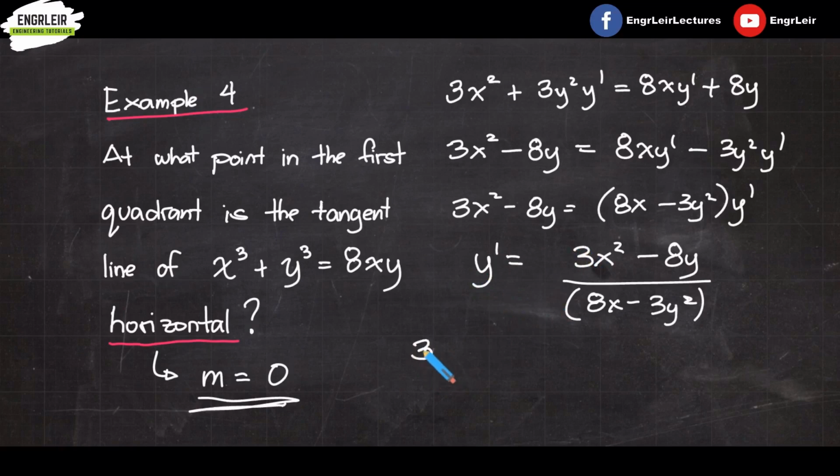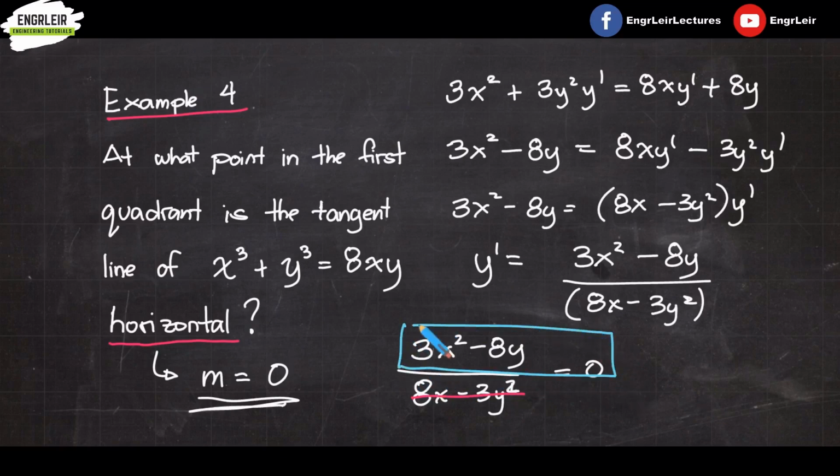So you get 3x squared minus 8y over 8x minus 3y squared is equal to 0. Of course, when you cross multiply the denominator, it disappears when multiplied by 0. So what comes out is the expression 3x squared minus 8y is equal to 0.